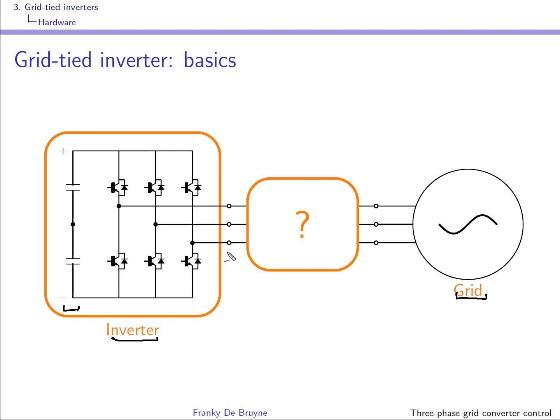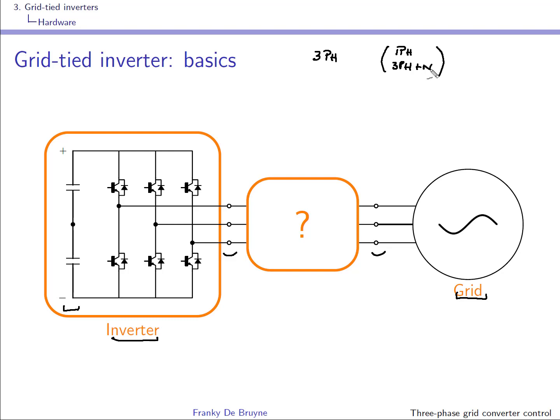And we'll consider here a three-phase inverter connected to a three-wire grid. Okay, so we're talking about a three-phase grid coupling, but the same ideas are applicable for a one-phase grid connection or a three-phase plus neutral grid connection, right?